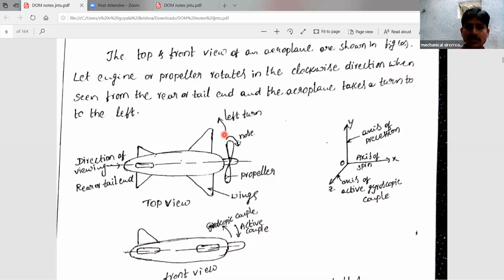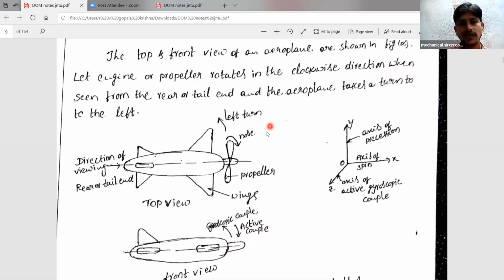One is rotating clockwise and the other turning movement is anti-clockwise. So when both are unequal, that means opposite, the effect is to raise the nose and dip the tail.